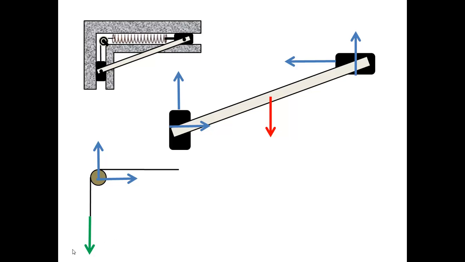And I show this force in green to indicate that this force is the force that the lower part of the cable exerts on the upper part of the cable. Here I have a force exerted by the upper part of the cable on the lower part of the cable, and by the third law, these two are equal in magnitude and opposite in direction.